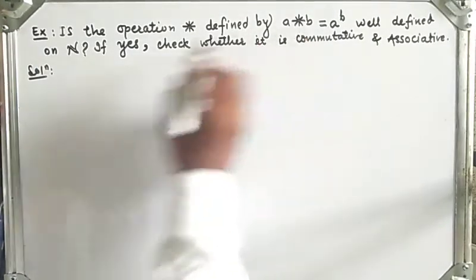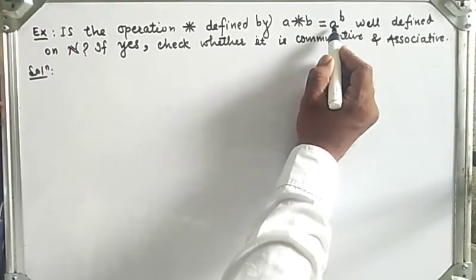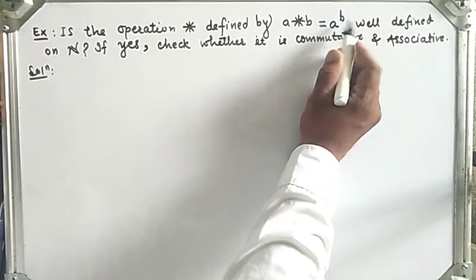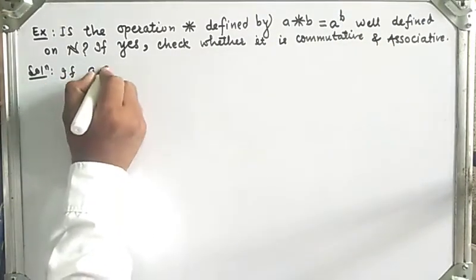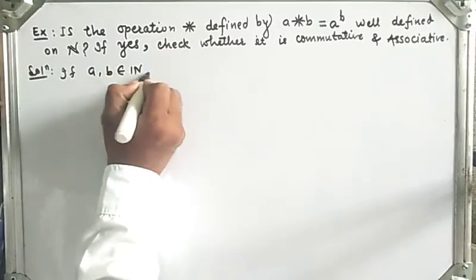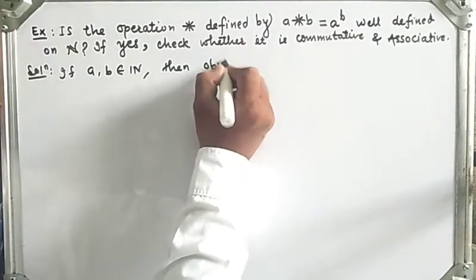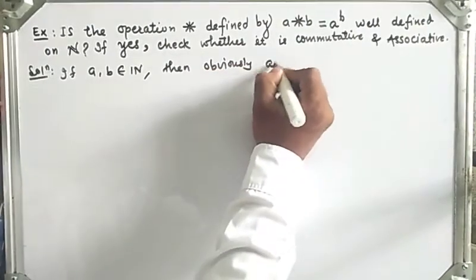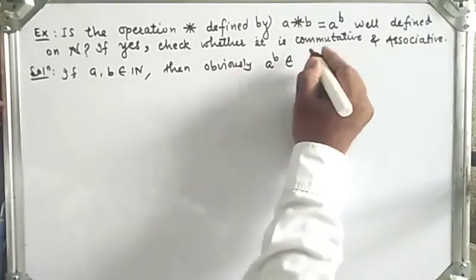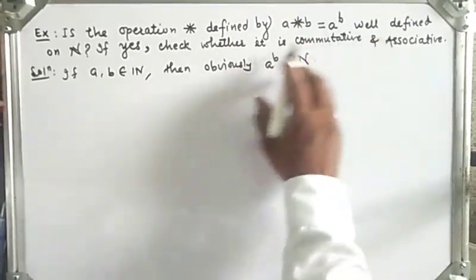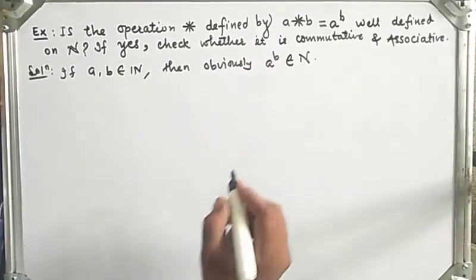So if a, b belong to natural numbers, then obviously a raised to b also belongs to natural numbers. Therefore the operation a star b is equal to a raised to b is well defined.